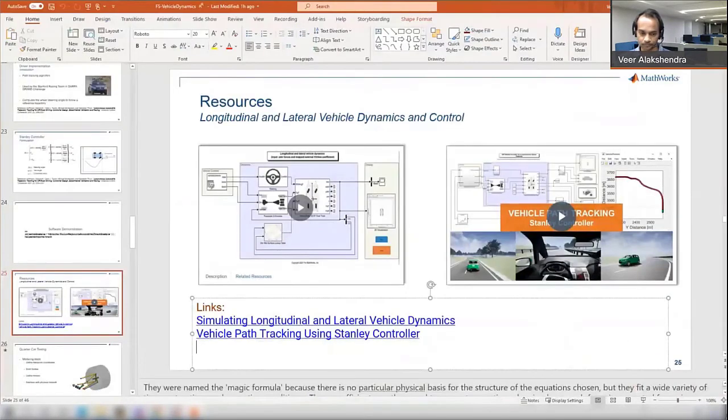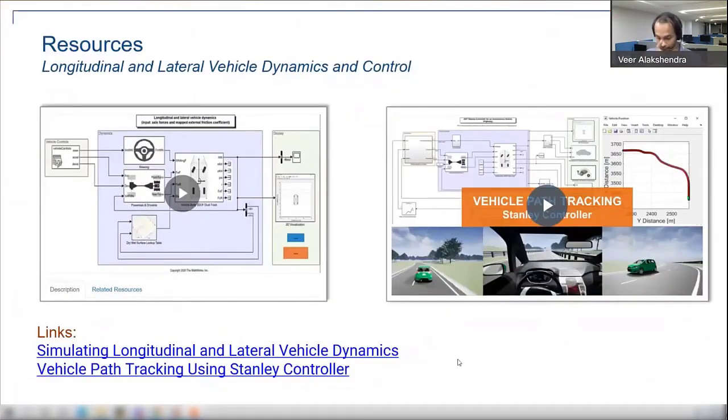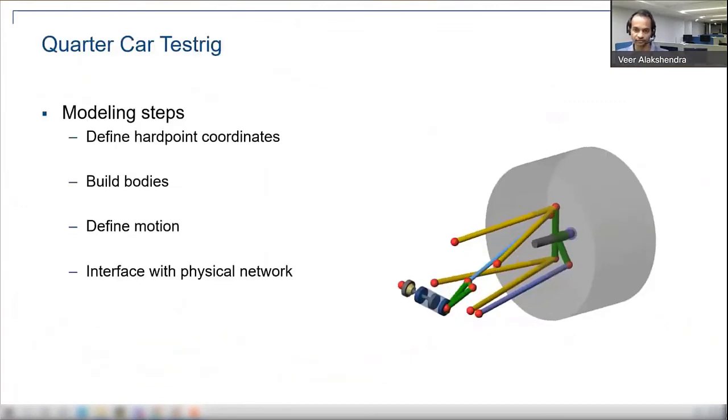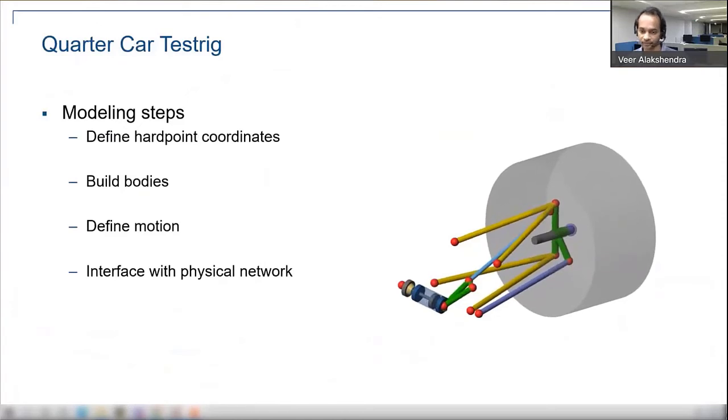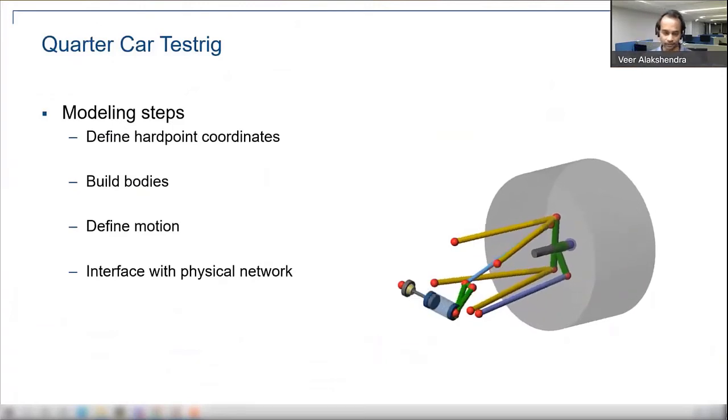Okay. So giving an example, this is a suspension system, which has hard points shown in red, and then you have this upper arm, lower arm, and cylinder piston mechanism. Now, to model this using multi-body, in general, you need to follow certain steps.